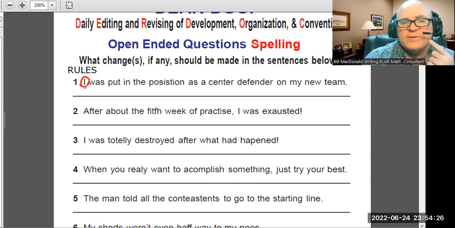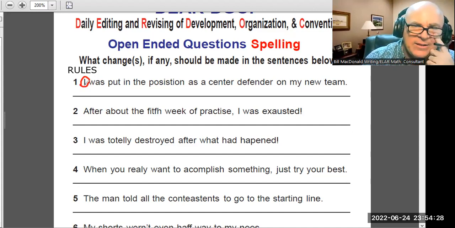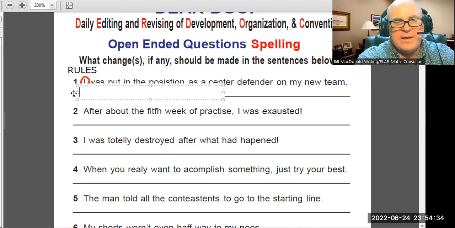There's an I in there. A lot of times the kids think, oh, I think "I" is E-Y-E, or because it's the first one in the sentence, I. No, whenever I is by itself, we're talking about the pronoun I.